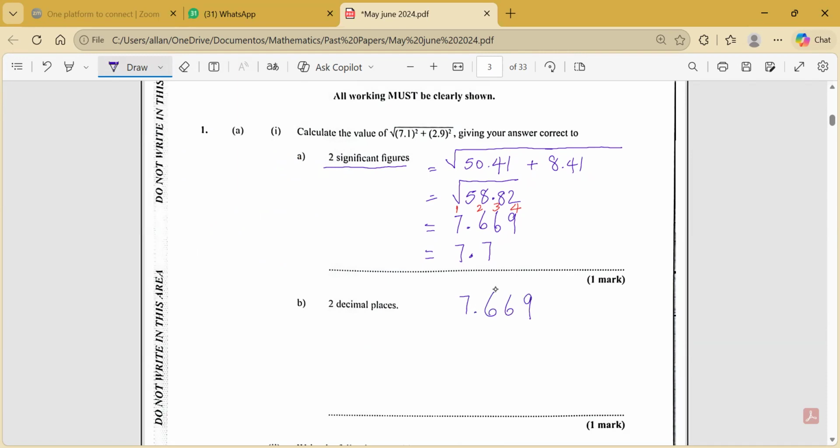Now, the decimal places will be from the 6, here, here, and here. These are the first decimal place, the second decimal place, the third decimal place.